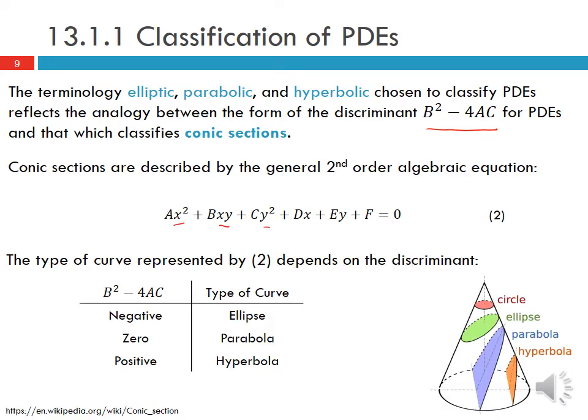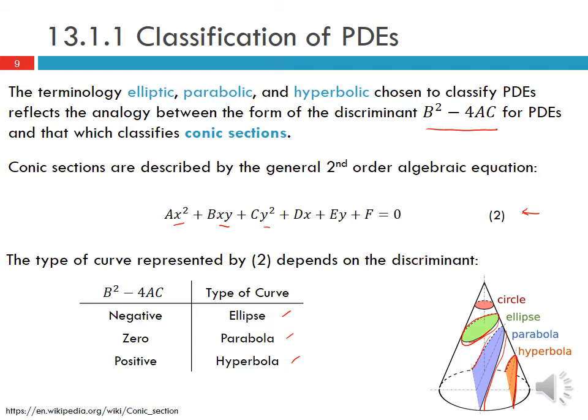But if we look at this same discriminant, b squared minus 4ac, we can classify these types of equations similarly. If b squared minus 4ac is negative, then we get an ellipse, shown here. If it is 0, then we get a parabola, like what is shown here. And if it is positive, then we get a hyperbola, which is shown here.